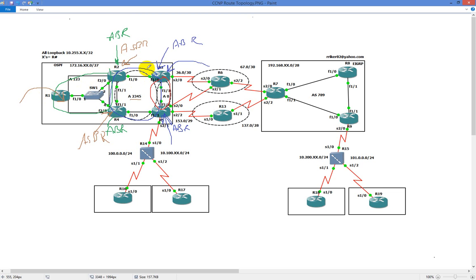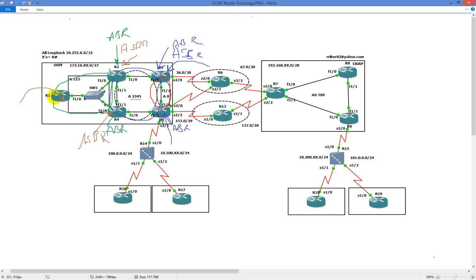So we're building the tree back up. This guy is technically an ASBR as well. So we're just going to use router 3 for the time being. Router 3 is redistributing a route into OSPF. Area 0, areas 2, 3, 4, 5, and now area 123 are all learning it.